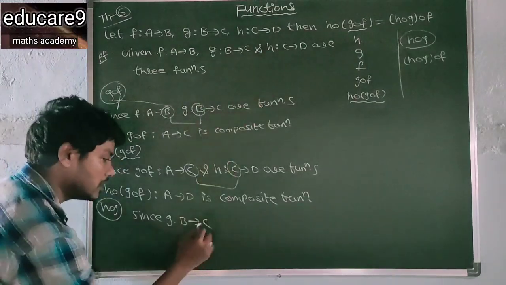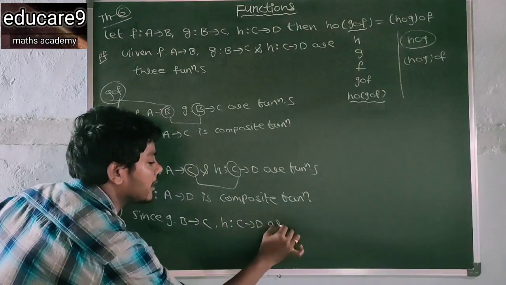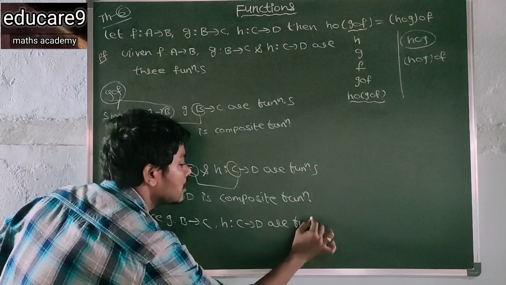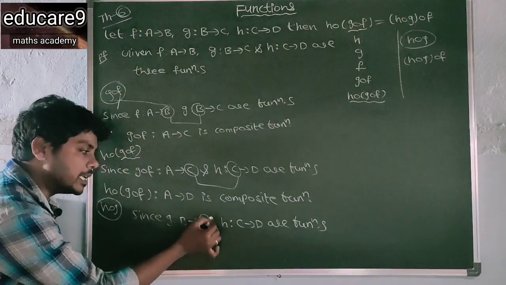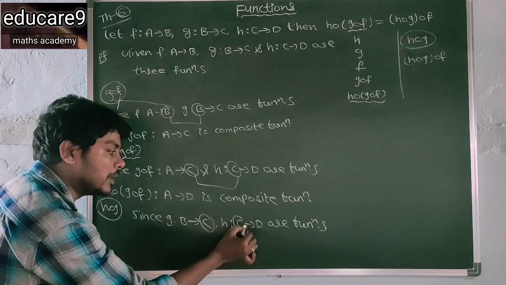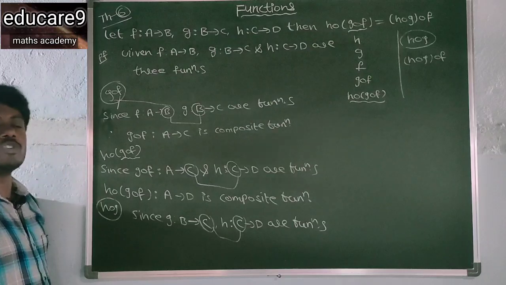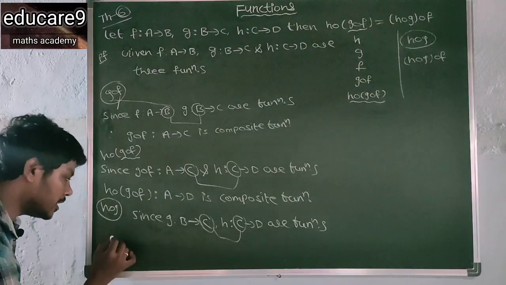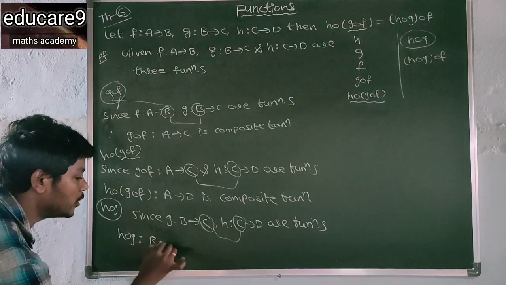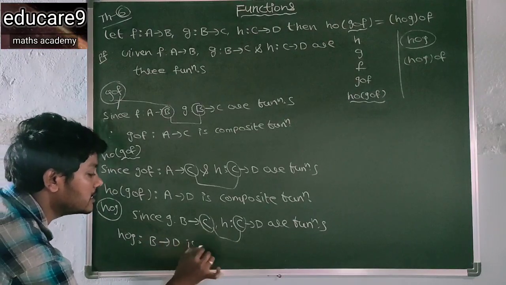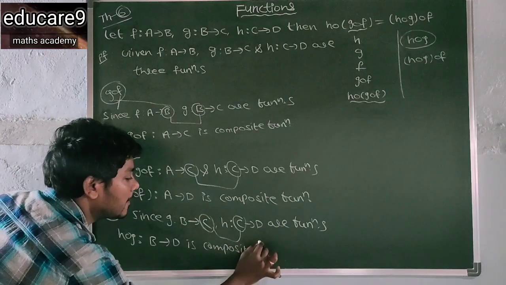C to D. So G from B to C, H from C to D are two functions. Then clearly codomain of G is equal to domain of H. So both are equal. Therefore the composite function exists and that mapping is what? H circle G is B to D is a composite function.